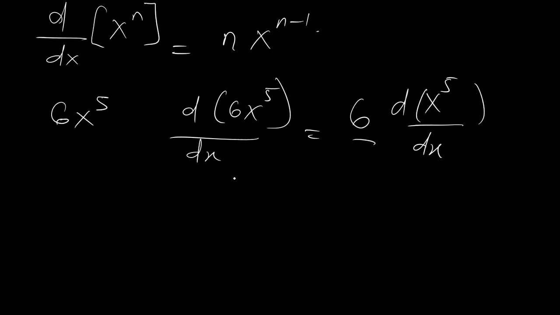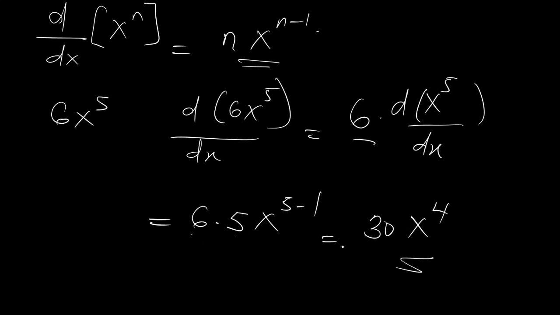Now this constant comes out, it just multiplies out. So now, using the power rule, you have 6 times 5x raised to power 5 minus 1. This will give you 30, because 6 times 5 is 30, x raised to power 4. So that is what it will give us.